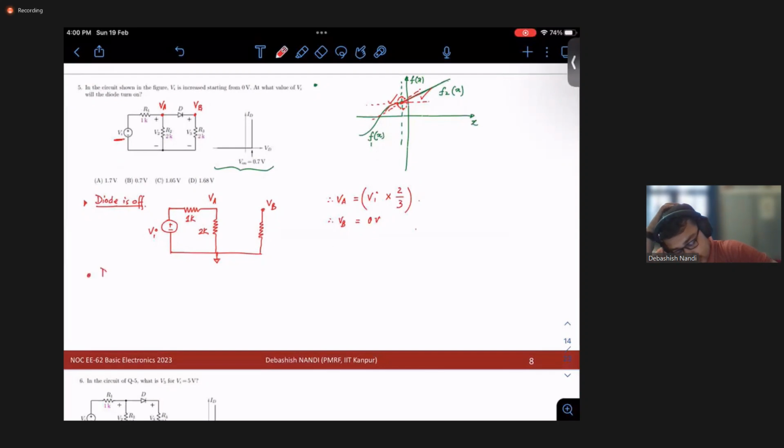Now, when the diode is on, what is the situation? It is nothing but a 0.7 volt drop, right?